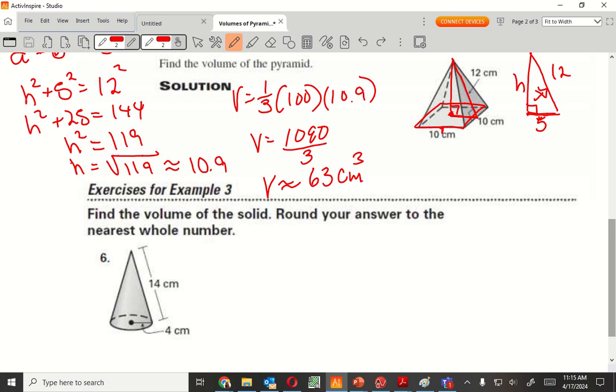What's the bottom gonna be? 4. See, it's 4 in the center of us. This was 10 all the way across. So if I draw the triangle right there, that's why I drew a triangle.